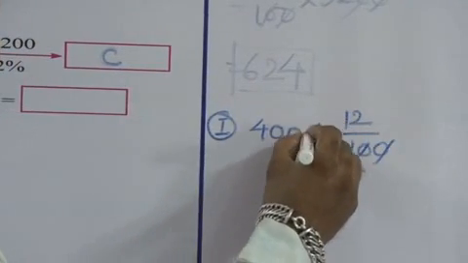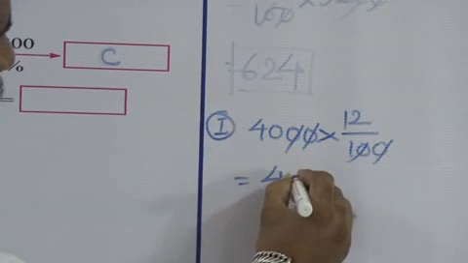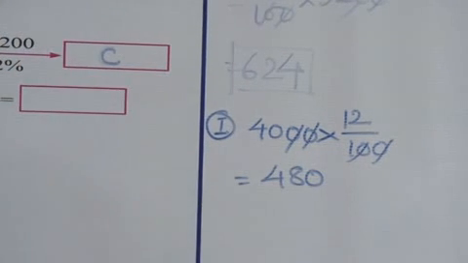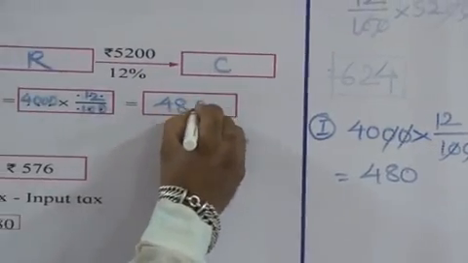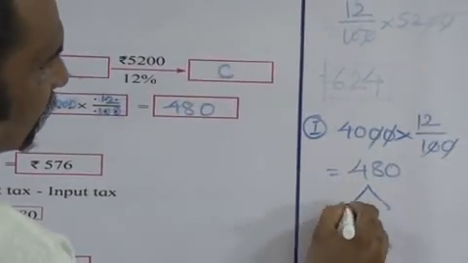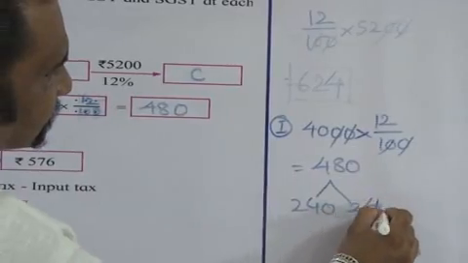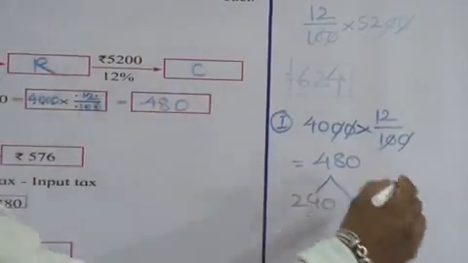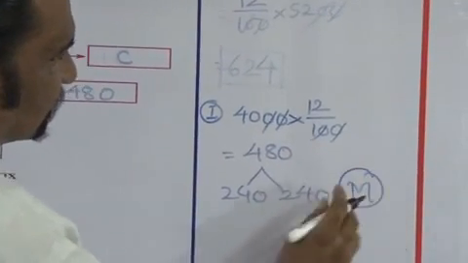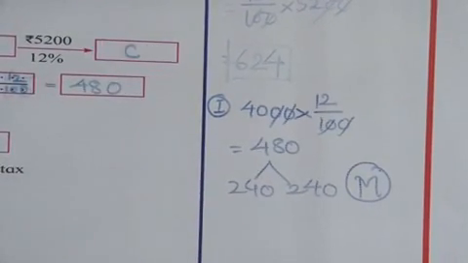These two zeros get cancelled and it will be 480. Again it is divided into two equal parts, that is 240, 240. This is the first GST paid by the manufacturer.